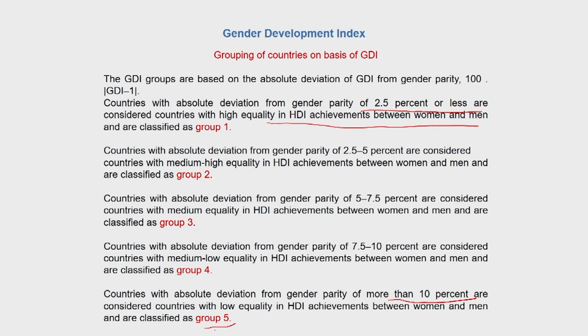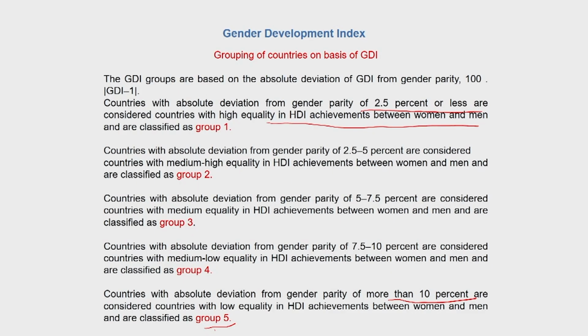It is very interesting to look at which are those countries that fall into each of these group classifications. And in the context of the global north, global south debate that we were discussing in the beginning of this course, it will really make a lot of sense to know that the global south is generally in the lower groups 3, 4 and 5, and the global north is found to be in groups 1 and 2.